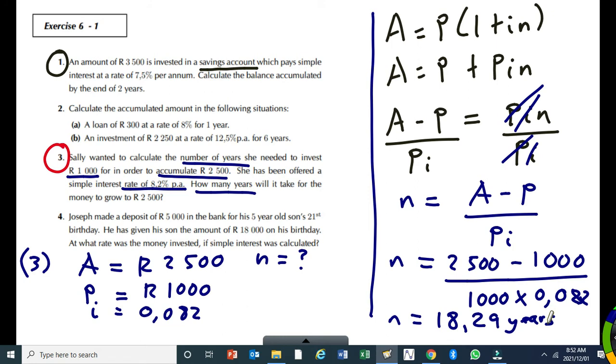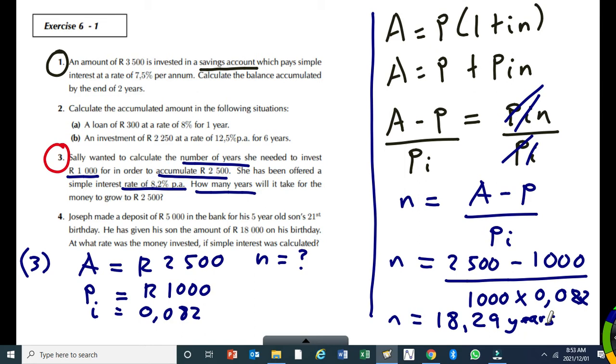In this case, they didn't say we should round off our number of years to an integer, so we'll just leave it as 18 years, approximately. Can someone calculate for me 0.29 times 12? 3.48.